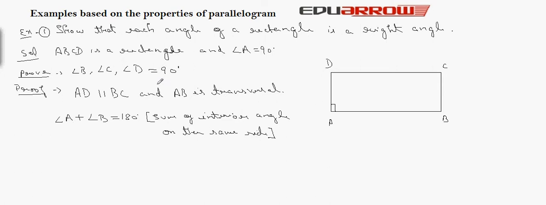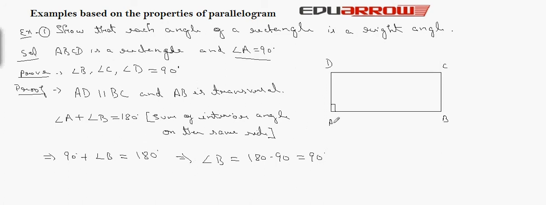So we have angle A is equal to 90 degree. So we can write 90 plus angle B is equal to 180 degree and angle B is equal to 180 minus 90 is equal to 90 degree.